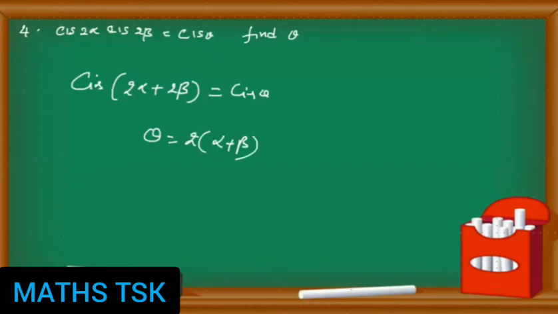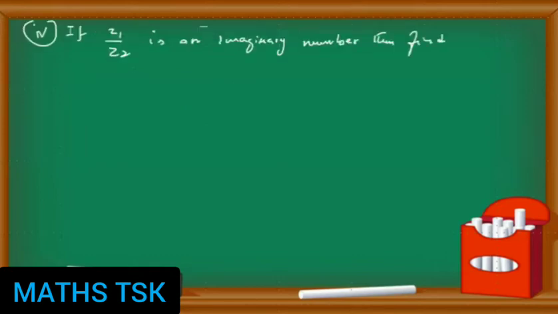Okay, next problem. Look here. z1 by z2 is an imaginary number. Then find the modulus of (2z1 minus z2) by (2z1 plus z2). So let us consider z1 by z2.